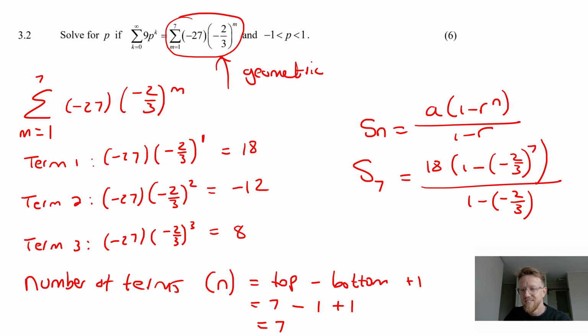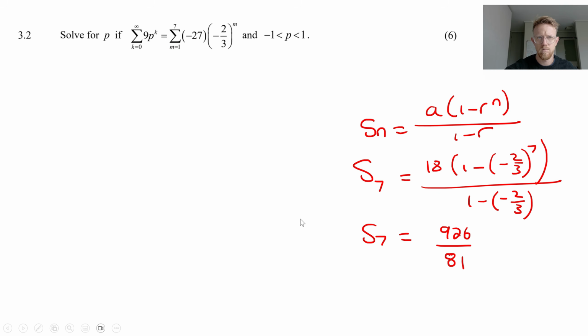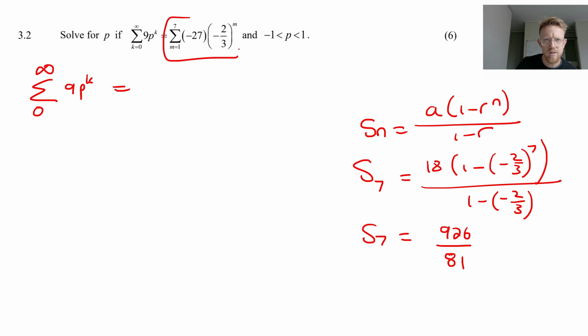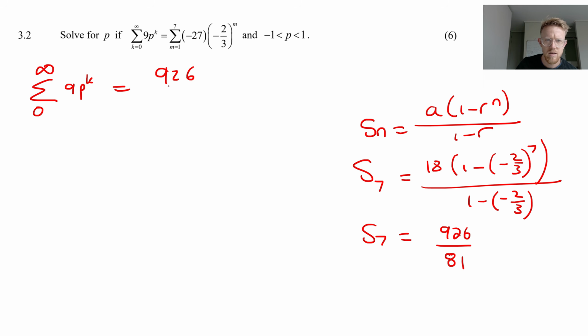If we work out the first 7 terms, we should end up with 926 over 81. Don't round off, because this is not our final answer at all. So now we can say that this expression is equal to this, which is equal to that.